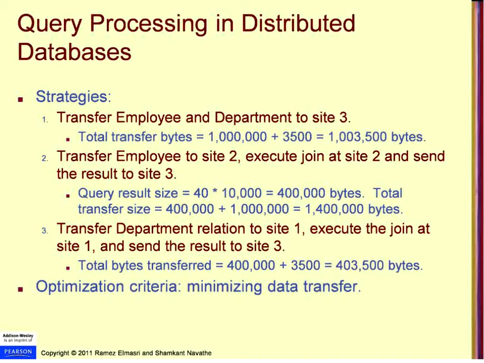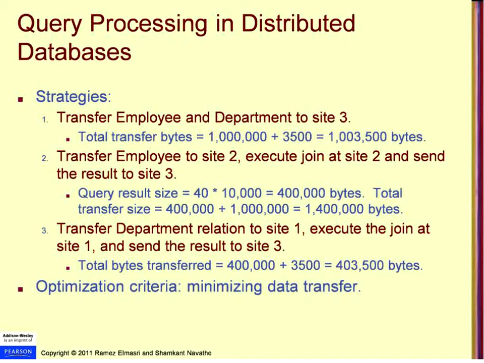And why is it so? Because you will be transferring the results to site 3. So the result size is 40 multiplied by 10,000.